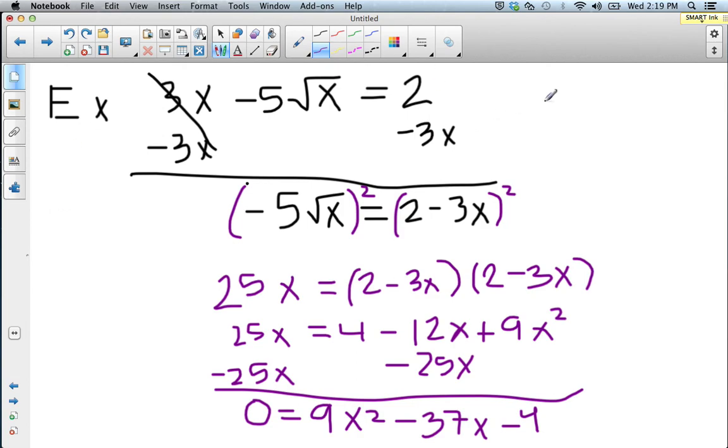Now let's factor this. I'm not going to go through all the a times c, rewriting the middle term stuff. You guys should be good at that by now. So I'm just going to go ahead and guess and check, and it ends up being 0 equals 9x minus 1 times x minus 4.